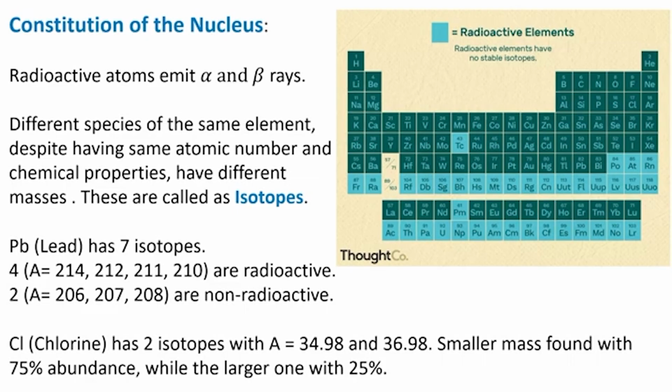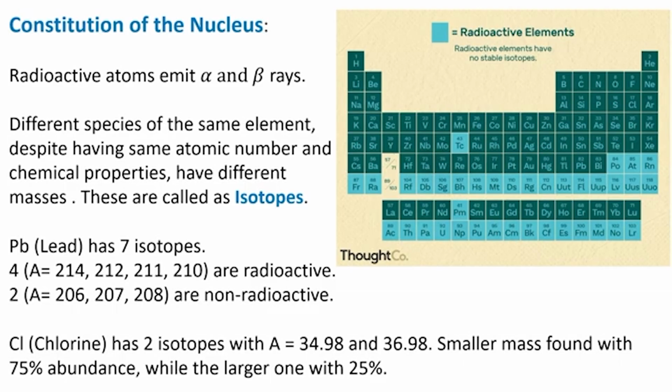This periodic table that you see is taken from this website, which identifies the radioactive elements, and you see radium, uranium, polonium, radon and so on. These are the radioactive elements.